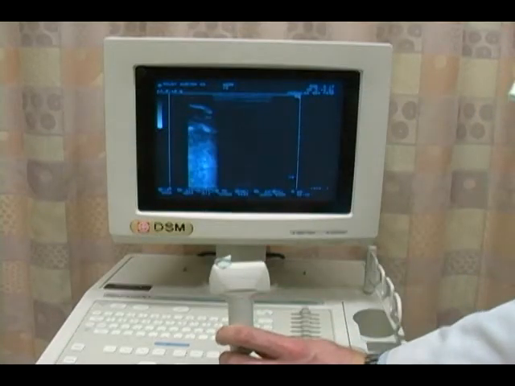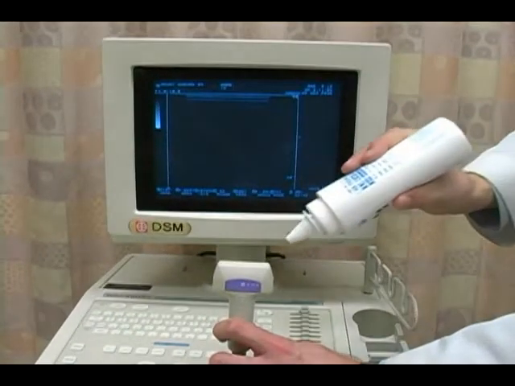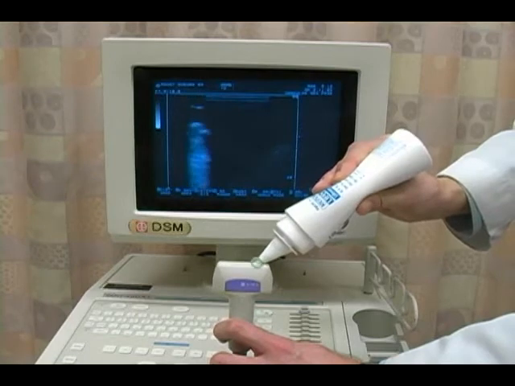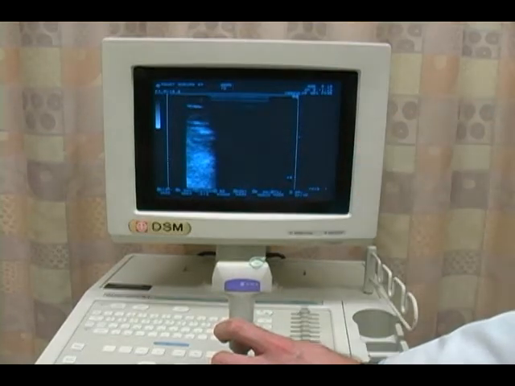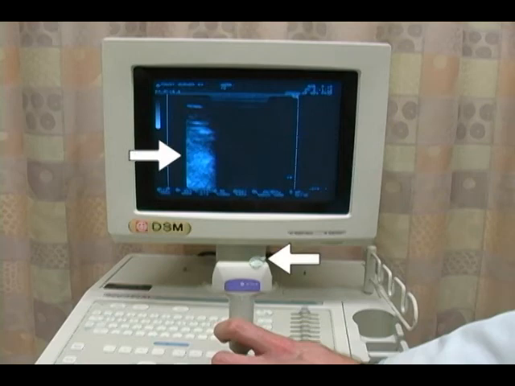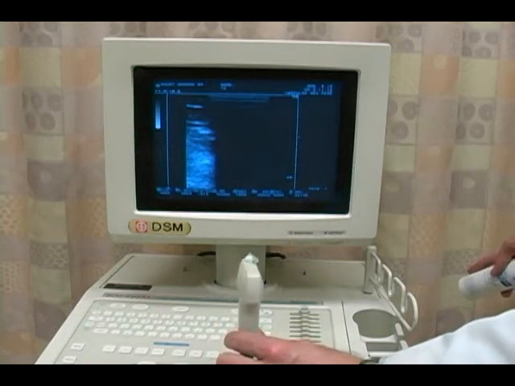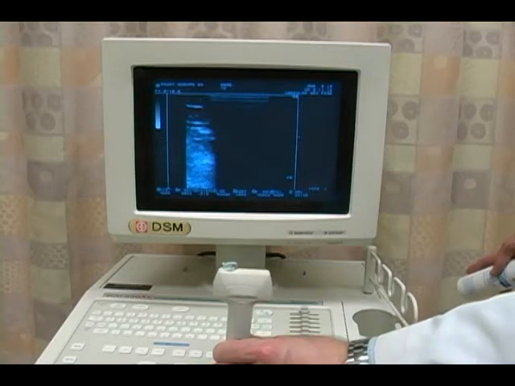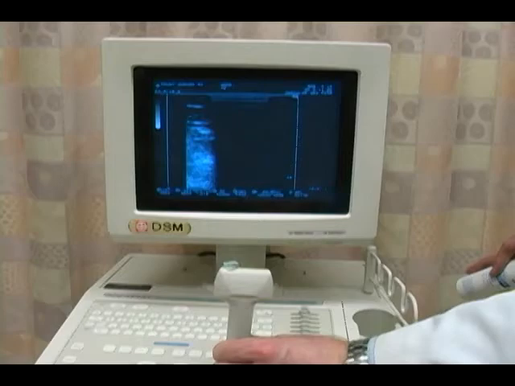If the probe and monitor are in properly related orientation, the monitor will show ultrasound propagation on the left side of the screen. If not, the monitor will show ultrasound propagation on the opposite side of the screen. Simply rotating the ultrasound probe 180 degrees will correct the improper orientation.